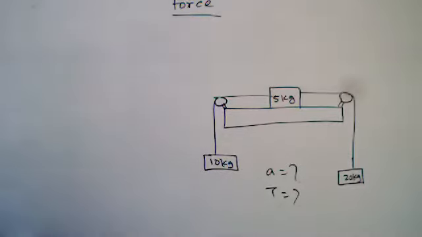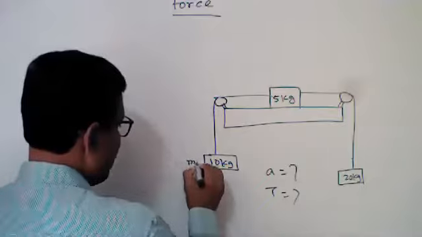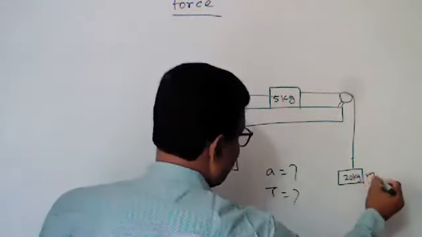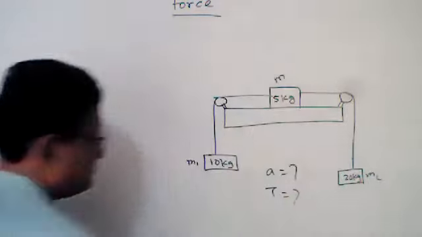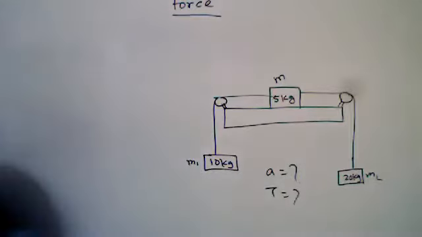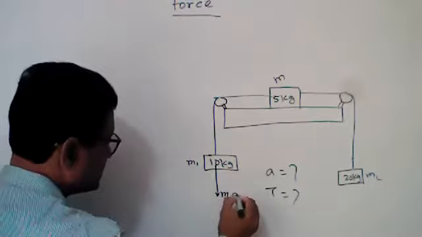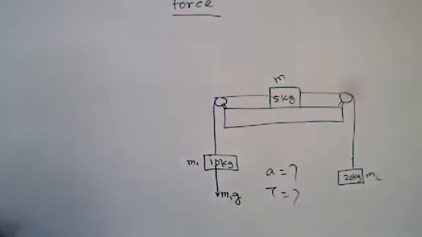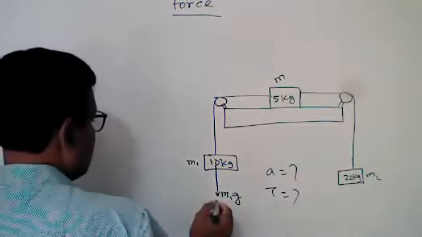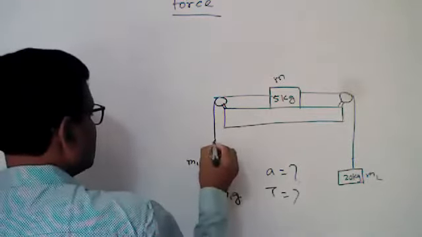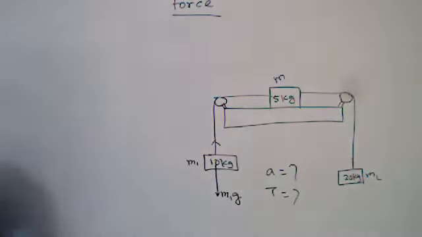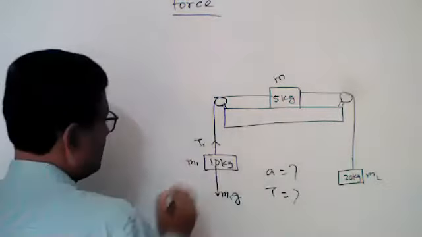Suppose this is M1, this is M2, and consider this is M. The weight acts in this direction. This is M1G, and the tension is always outward from the object, so in this direction the tension is T1.